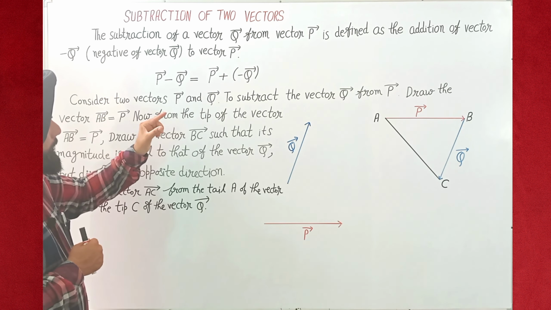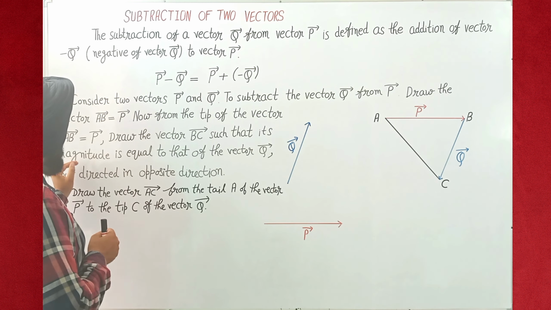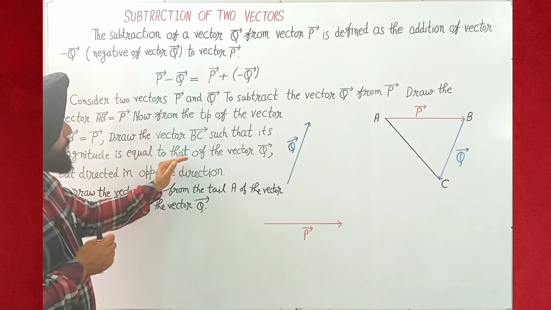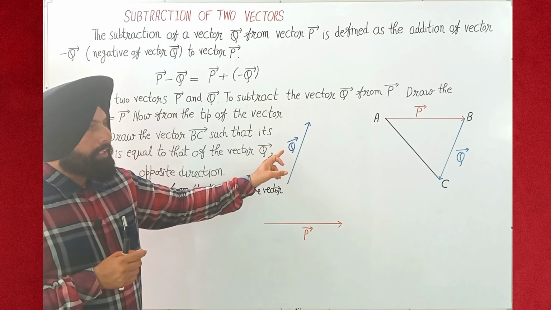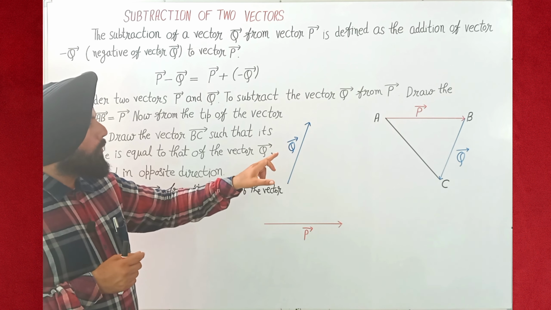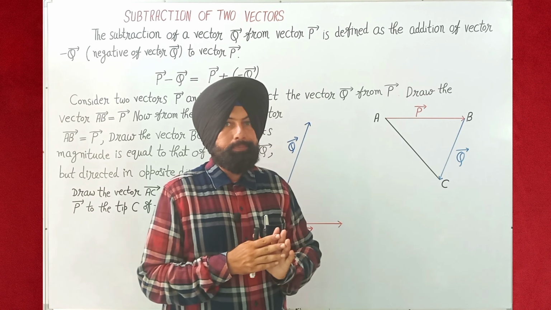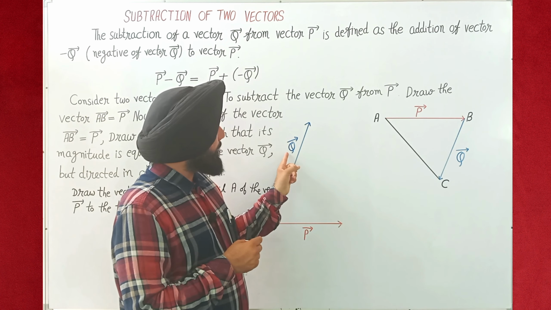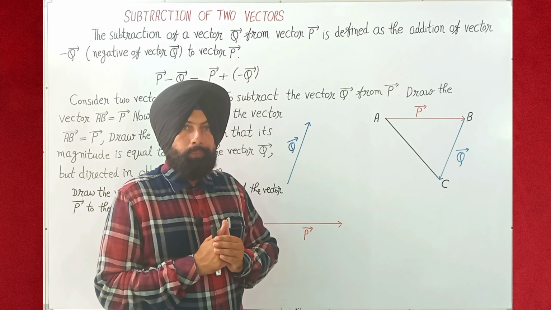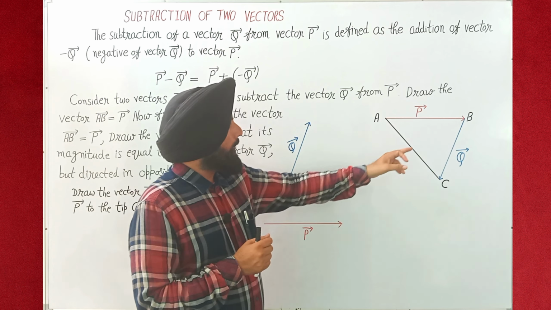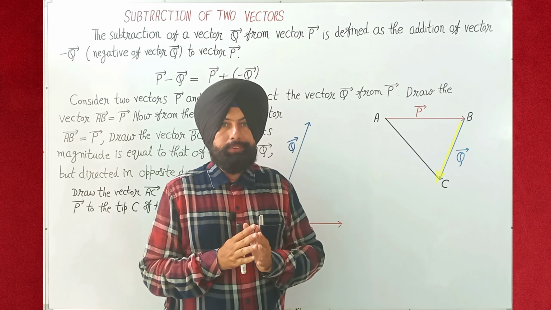Draw the vector BC such that its magnitude is equal to that of vector Q. This is vector Q. Now we are drawing another vector BC having the same magnitude of vector Q, but the direction is opposite, upward, downward.